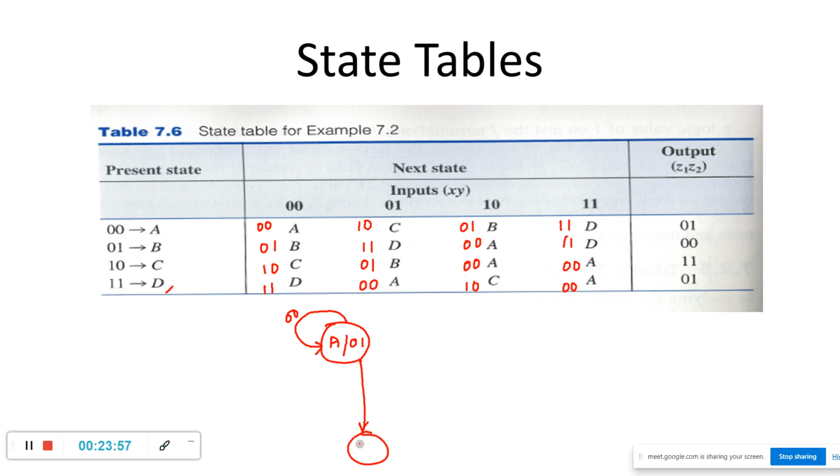It is going to C with the output 1 1. State C output is 1 1 here. So with 0 1 it is going to C. With 1 0, where is it going? B.